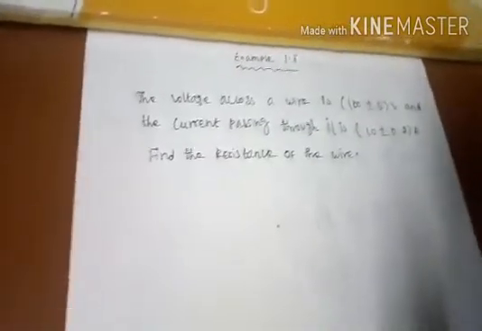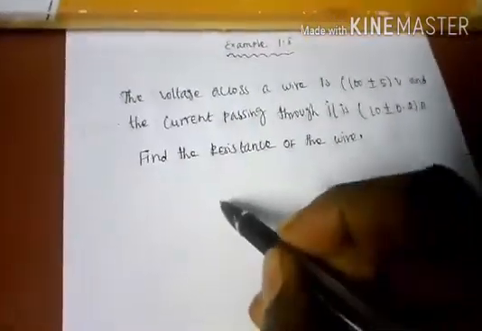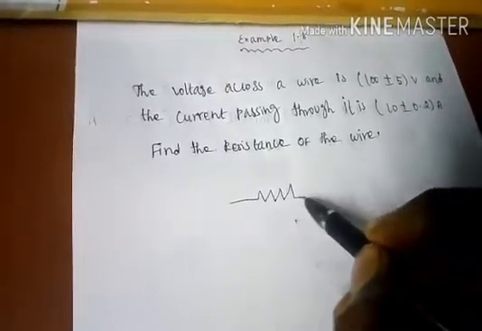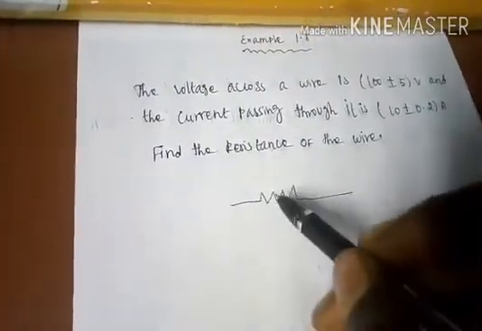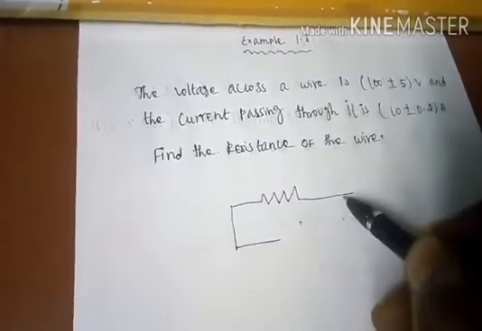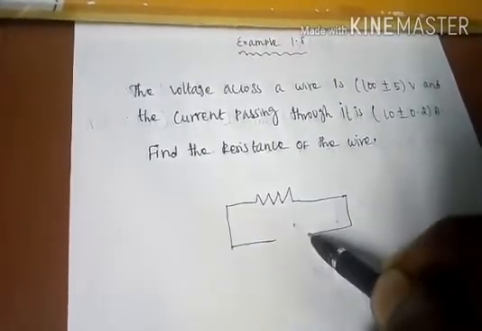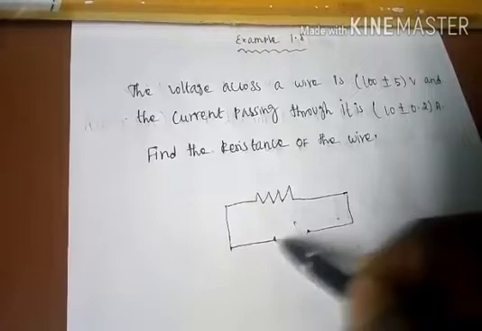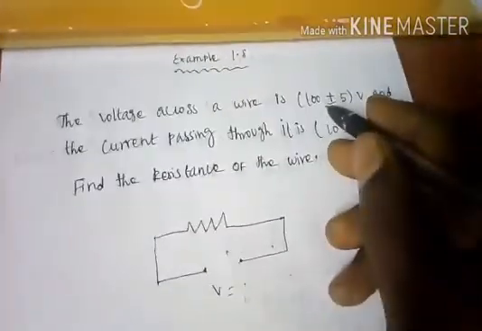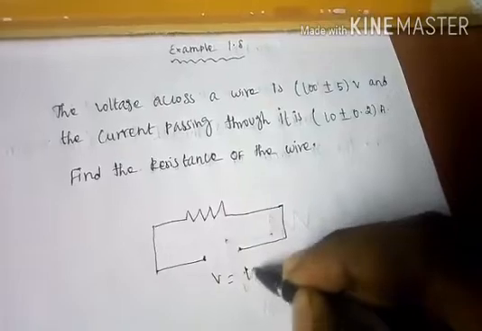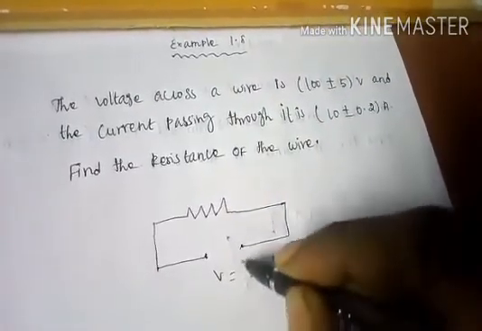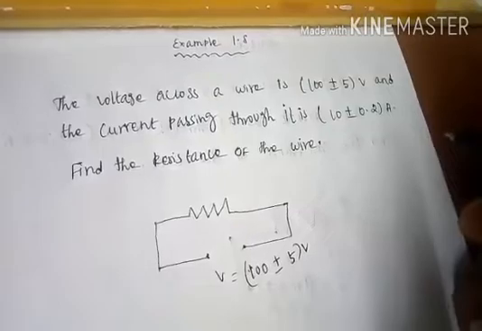So first let us consider the resistance of this wire. In this wire, the voltage across the wire is V equal to, the given value is 100 plus or minus 5 volt.